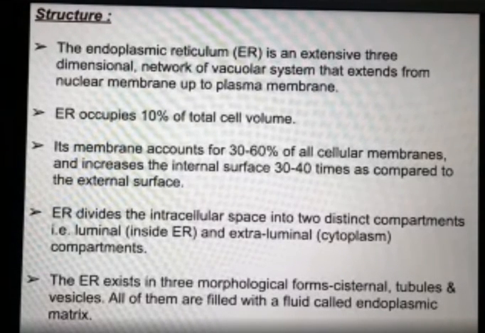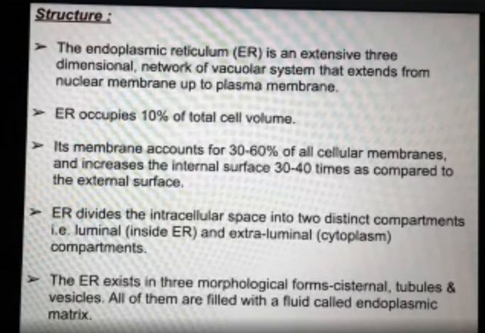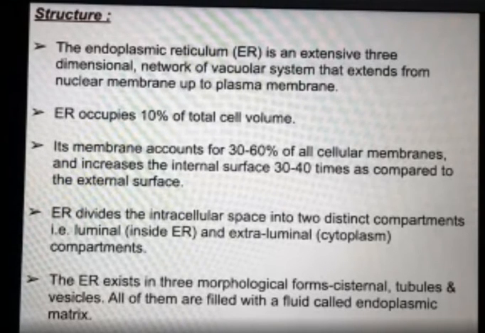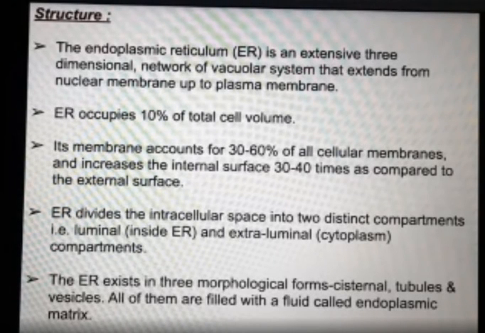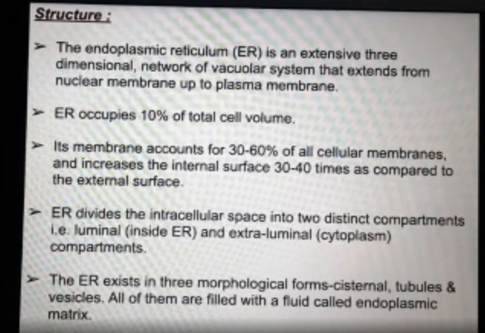The endoplasmic reticulum is an extensive three-dimensional structure of the vacuolar system that extends from the nuclear membrane up to the plasma membrane. It occupies about 10% of the total cell volume, as we have also discussed in the previous classes.